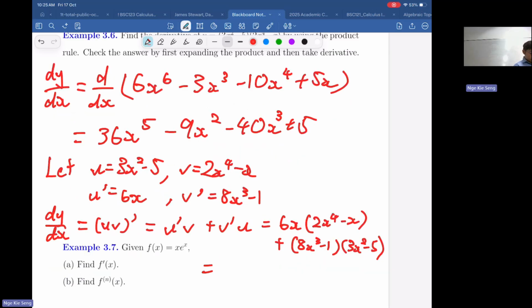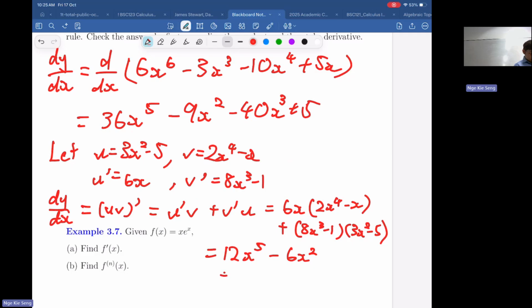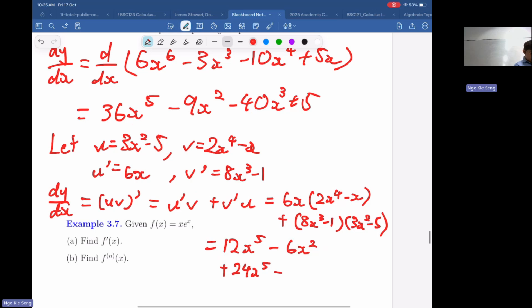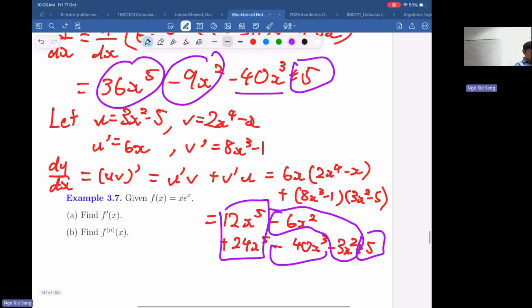If you expand everything out, you should get 12x to the 5 minus 6x squared, and then plus 24x to the 5 minus 40x cubed minus 3x squared plus 5. So let's check. You get plus 5 here, and then the 36x to the 5, and then minus 9x squared, and then minus 40x cubed. So we really tally up the solution.